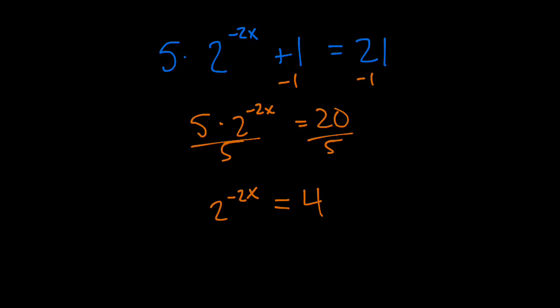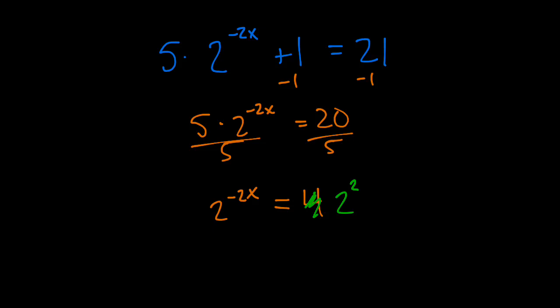And this one will actually work out a little bit nicer, because maybe you notice that 2 to a whole number power will give us 4. So you could go on by taking the log on both sides, and you would take the log, pull that negative 2x out in front, and then divide by a couple things. Or 4 is the same as 2 squared, right?